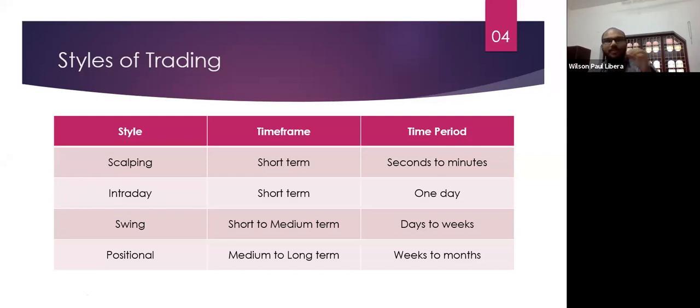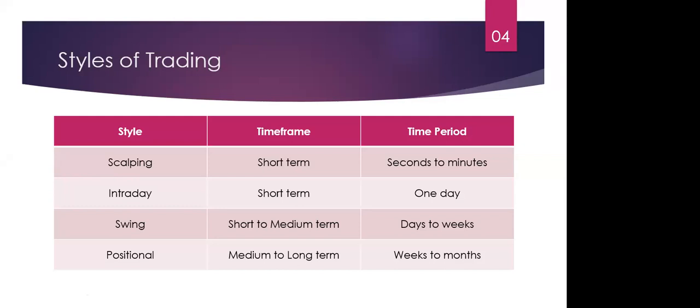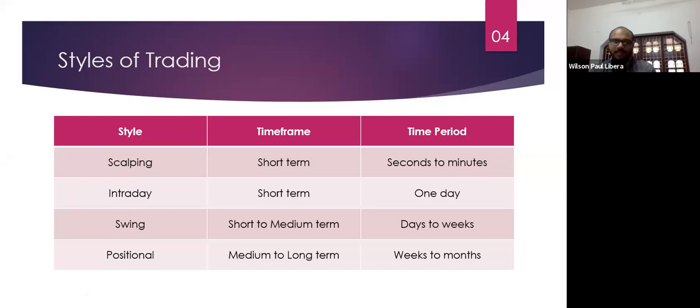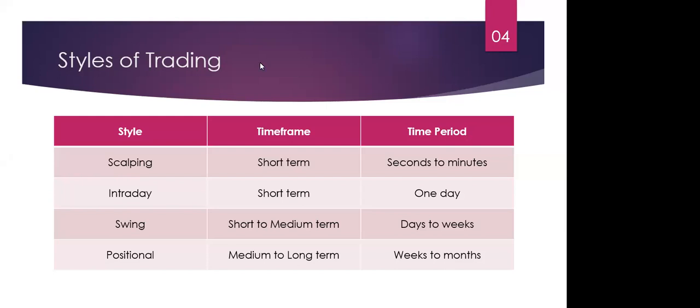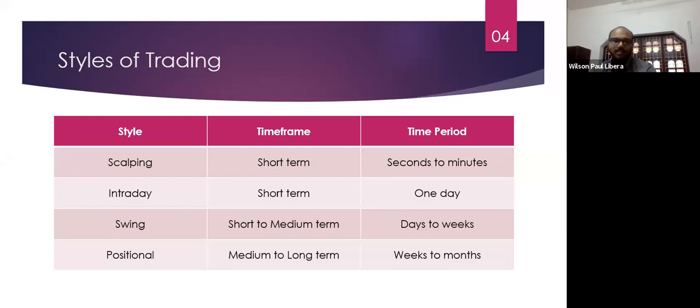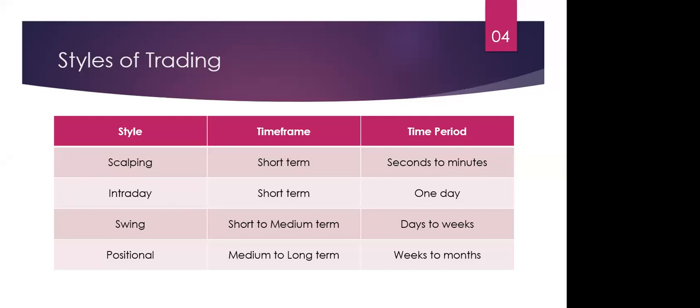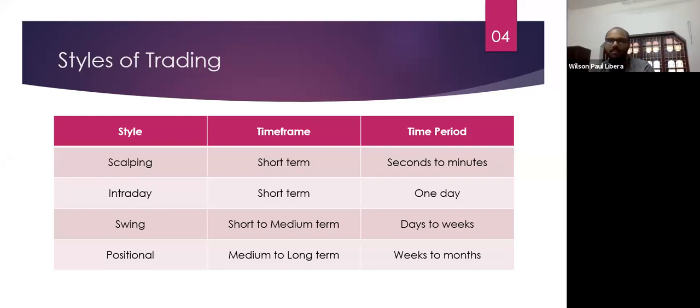For example, if a normal intraday trader only takes a position of, say, 500 stocks, the scalper will be taking a position of maybe 5,000 stocks. And what he's looking for is like 1 or 2 points, in the sense one or 2 rupees, one side. Then he gets 10,000 rupees, he'll be happy. An intraday trader may be looking for a 10 rupee profit, and he'll be going in with 500 stocks. So the risk involved is high in scalping.